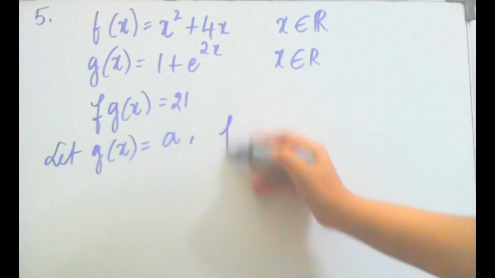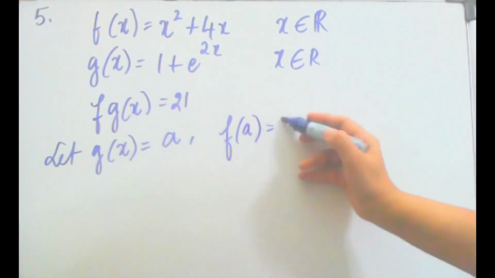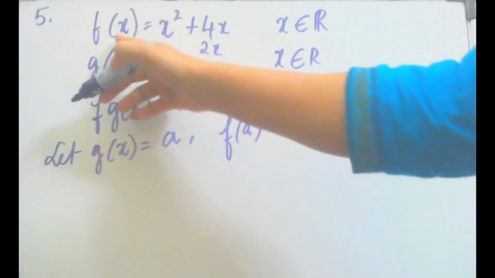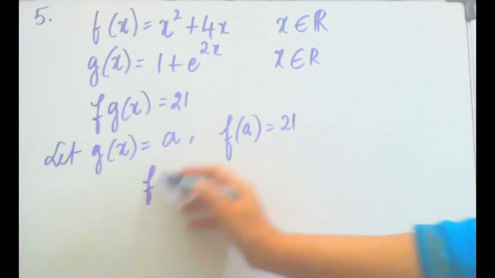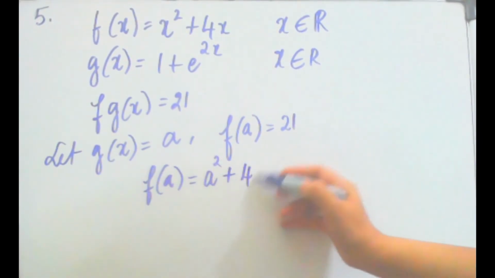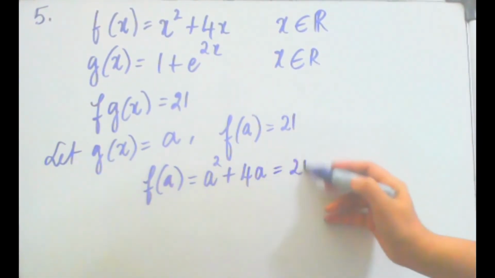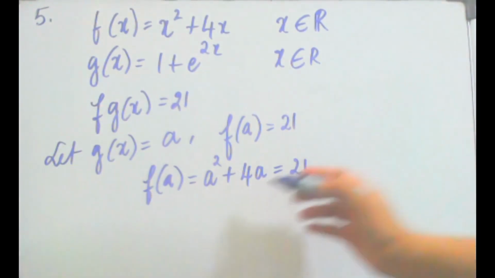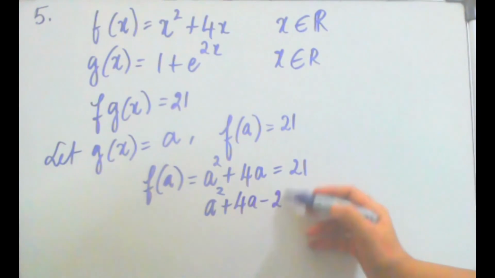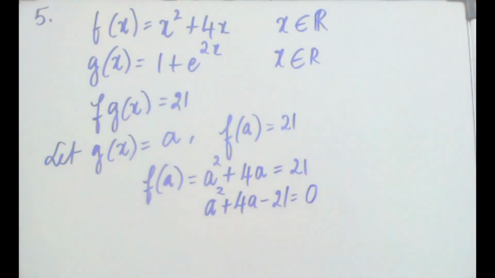So it is given that f of a is equal to 21. From the function f of x, we can write f of a as a square plus 4a is equal to 21. Rearranging, we get a square plus 4a minus 21 equal to 0.